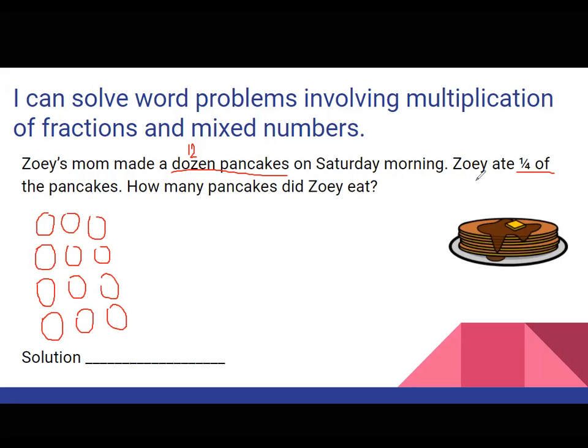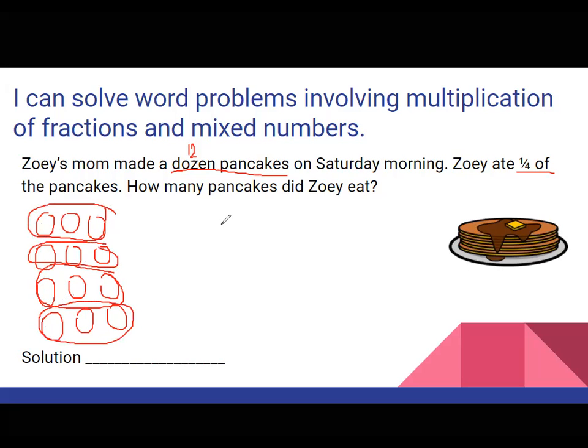Well, we know that Zoe ate 1/4 of the pancakes. So if I look at the 12 pancakes I just drew, is there any way that we could break this array into groups of fourths? Okay, yeah, we can do 1/4, another fourth, here's another fourth, and here's another fourth.